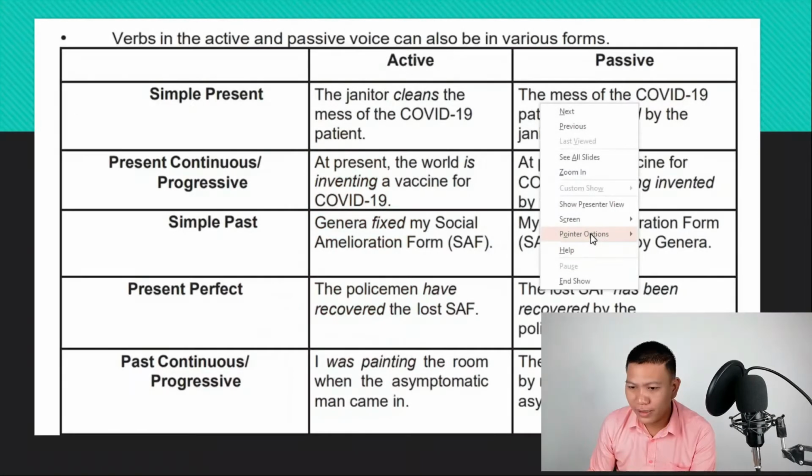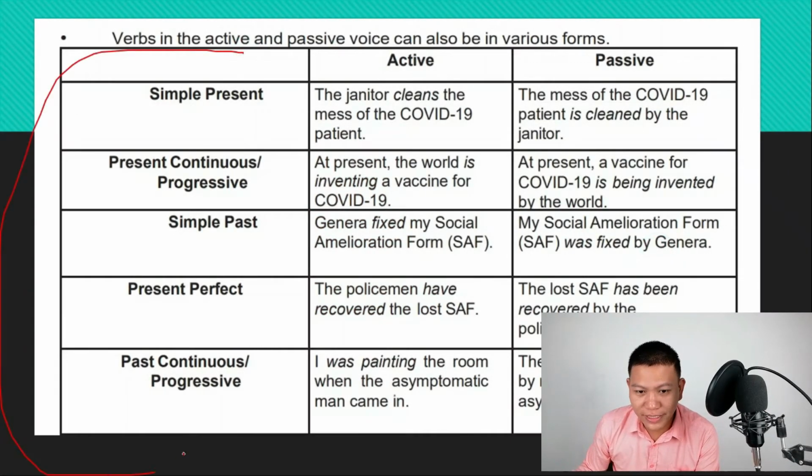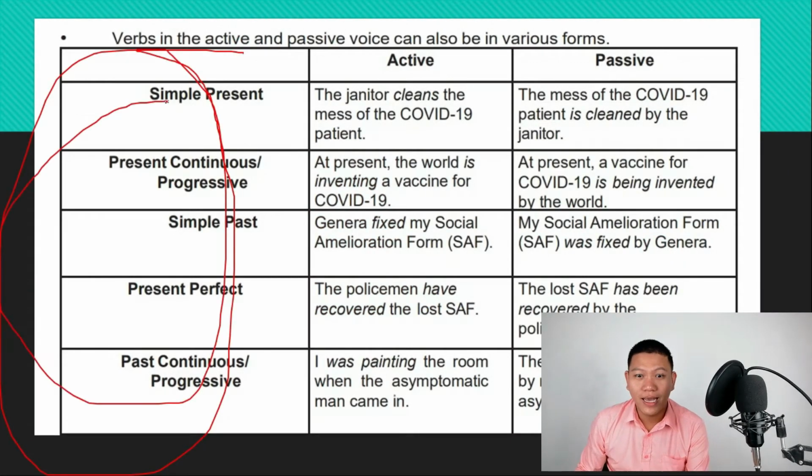So you will be needing the tenses of verbs knowledge in this part of the discussion. So you can see here the different tenses of verb, just like what I taught you a while back. So you have to recall the different forms, okay? Because you will be needing them.